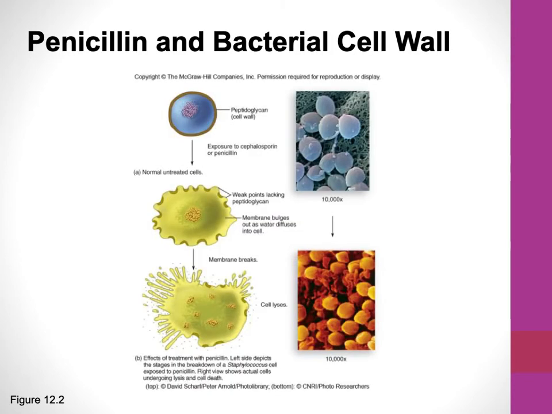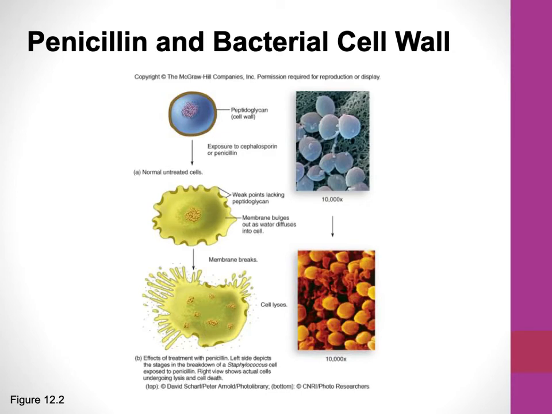So as you can see in this figure, up at the top, we have this normal bacteria cell. It's got peptidoglycan on the cell wall, and now this bacteria gets exposed to a cephalosporin or penicillin. So, its host has now ingested this antibiotic. And so what happens is that it's not able to repair the cell wall. And so you can see how they're just getting these weak points.